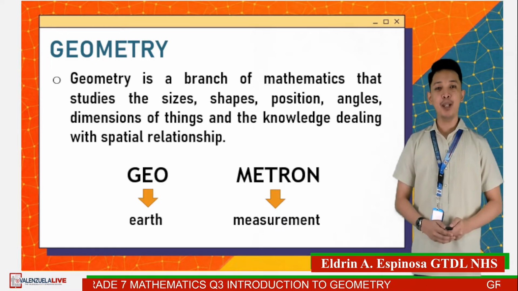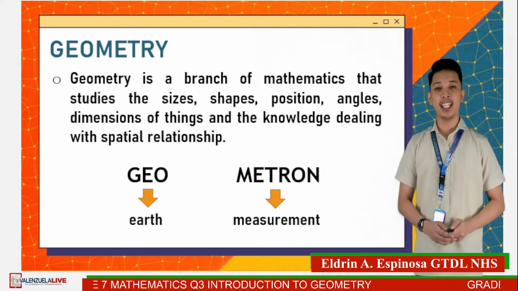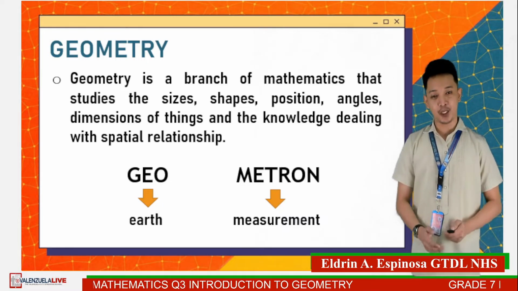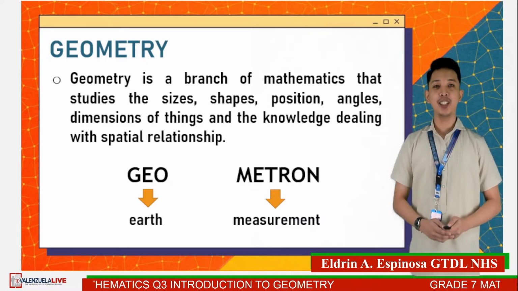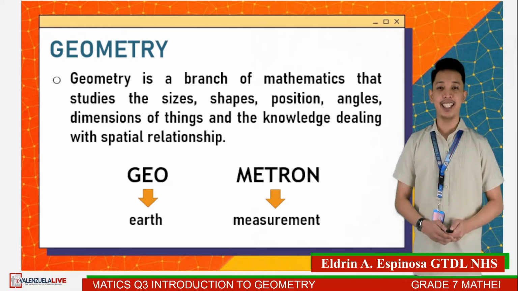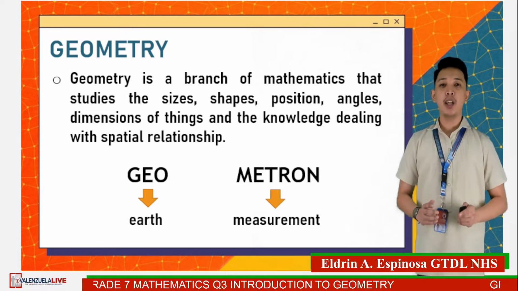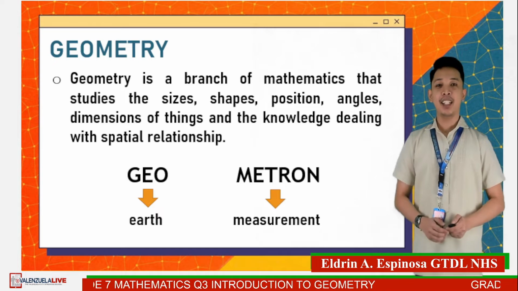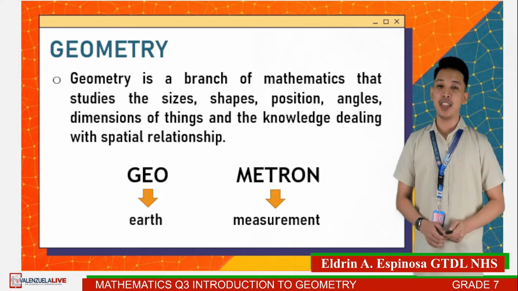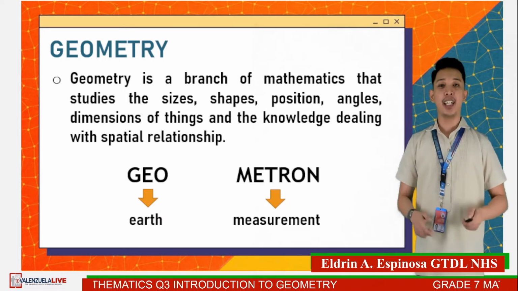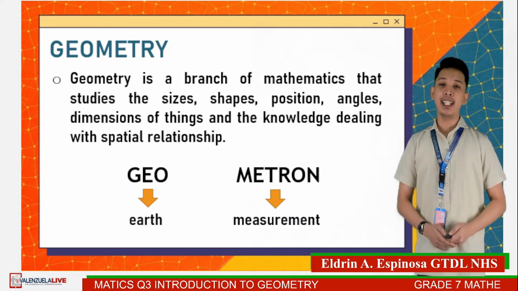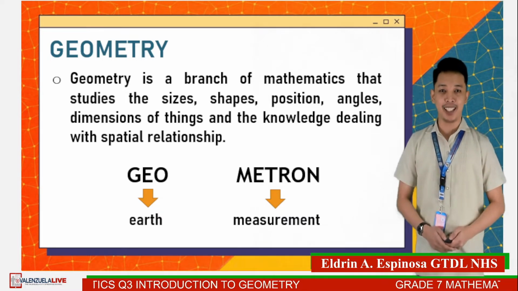Geometry was extremely important to ancient societies and was used by astronomy, navigation, surveying, and building. The basic knowledge and concepts on this topic will help us appreciate better the beauty of nature and the things around us. At this point, let us dig deeper on the basic concepts and terms in geometry.